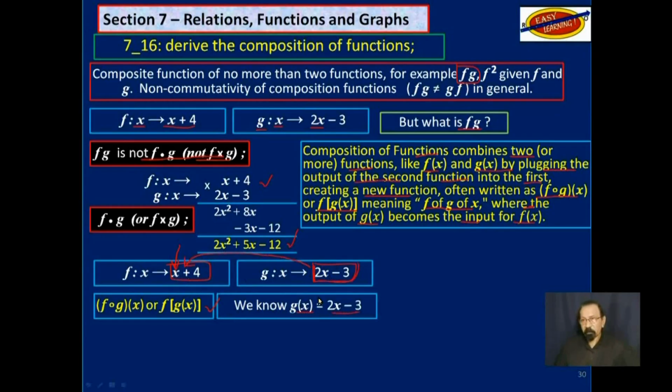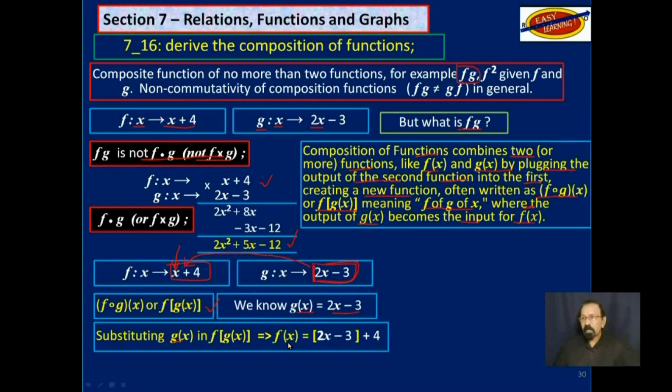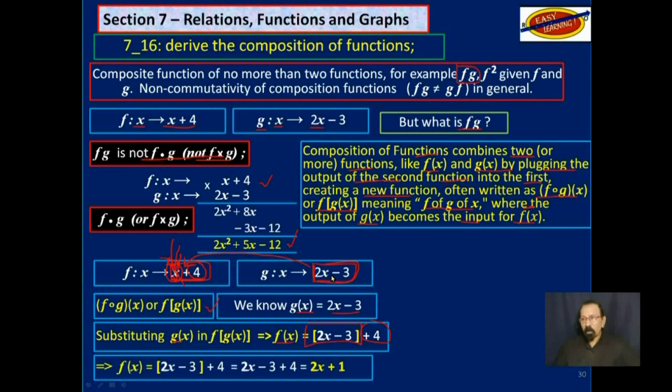So substituting g of x in f of x, we will take out that x. We will keep this 4 at the end. And where that x is, we will take it out completely and put in this g of x. So now we can simplify. F of x now becomes this f of g of x. You simplify that and you get 2x plus 1.